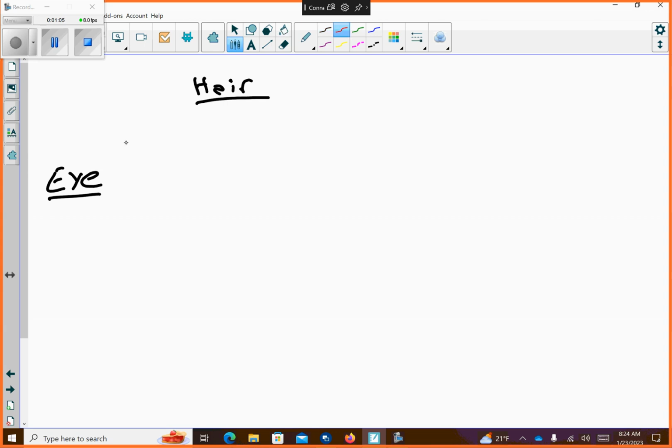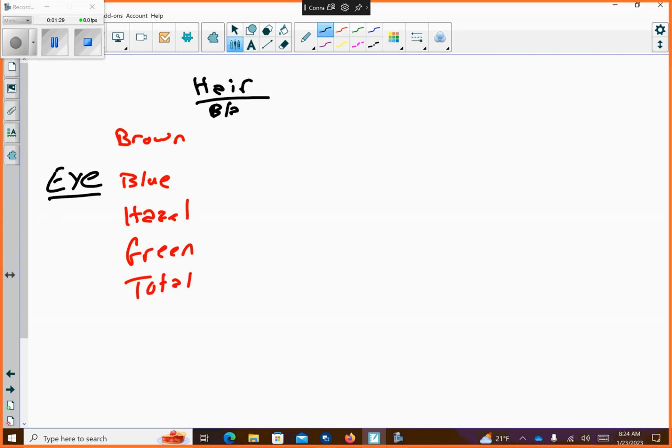So you have brown eyes, blue eyes, hazel eyes, green eyes, and then whatever the total would be. And then hair, we have black, brown, red, blonde, and then the total.